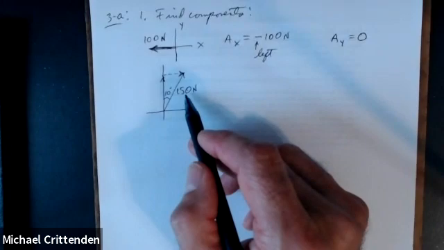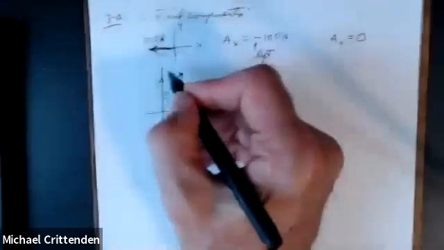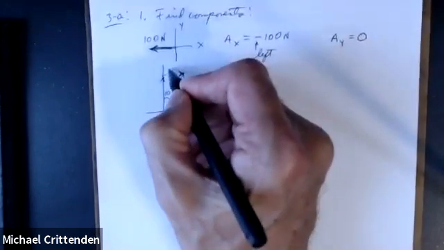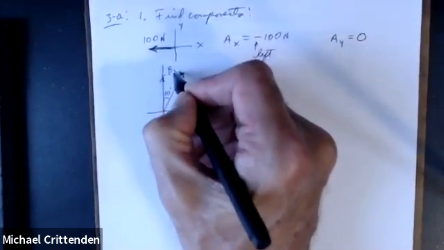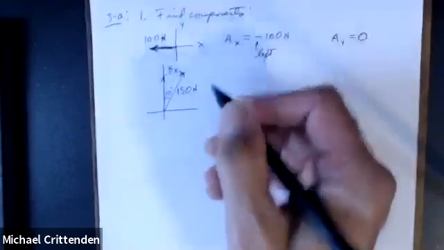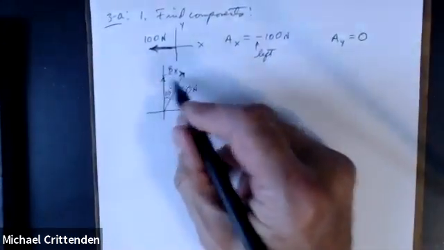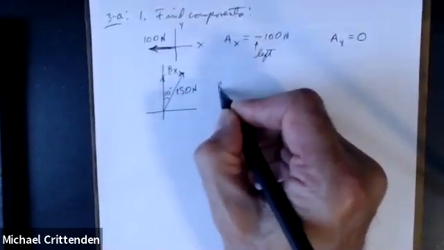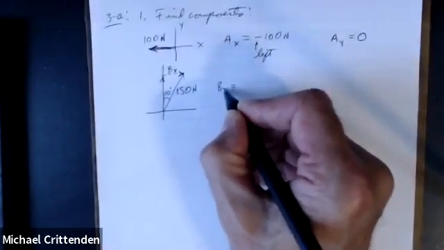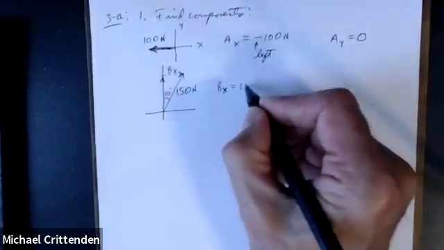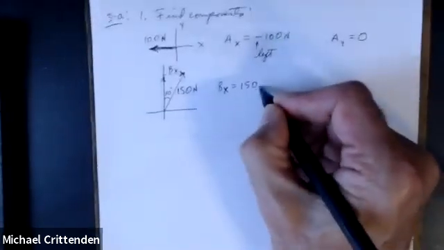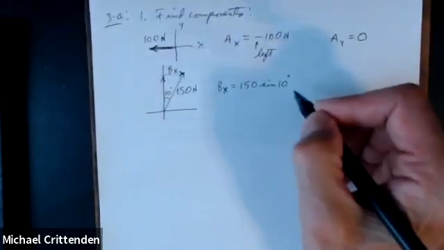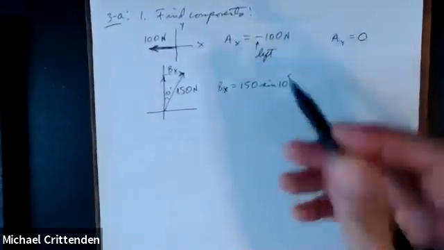Hypotenuse times sine gives you the opposite side. So if this is, maybe I'll do it over on the side where there's a little more room to write. If that's the x component of force B, Bx is equal to 150 sine of 10 degrees.